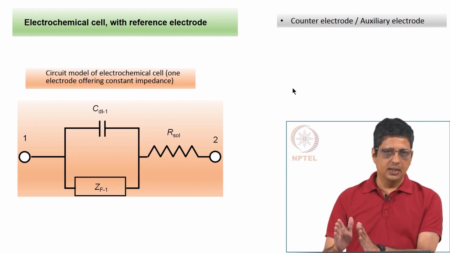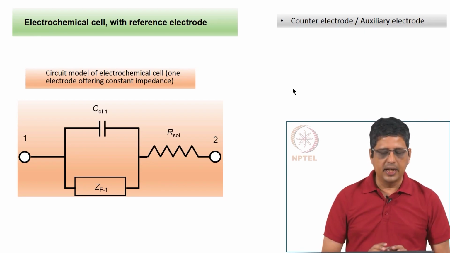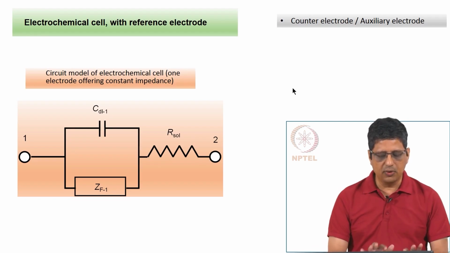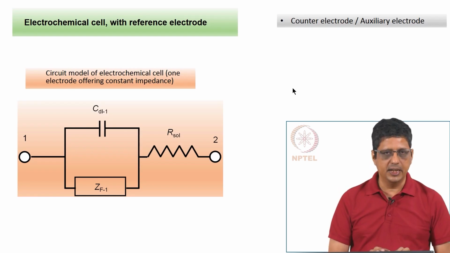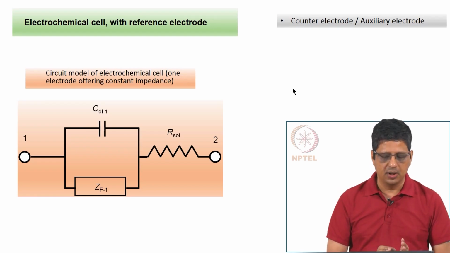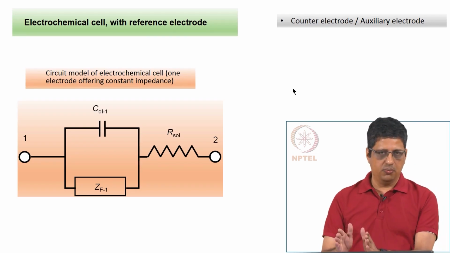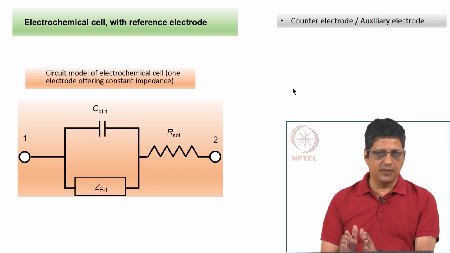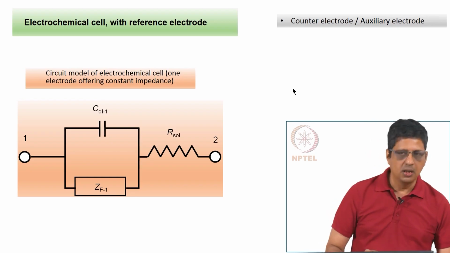On the other side, the impedance of the reference electrode is very little, then I can just look at this system and say only the working electrode has double layer capacitance and the Faradaic impedance, significant Faradaic impedance, and you can possibly have solution resistance. There is one more circuit to describe the reference electrode, but that offers very little impedance. So, when I consider the total impedance, I can neglect that.